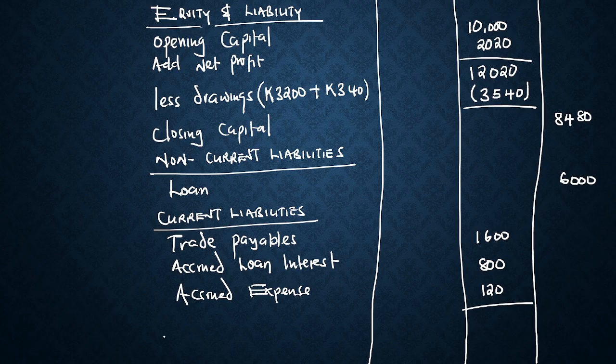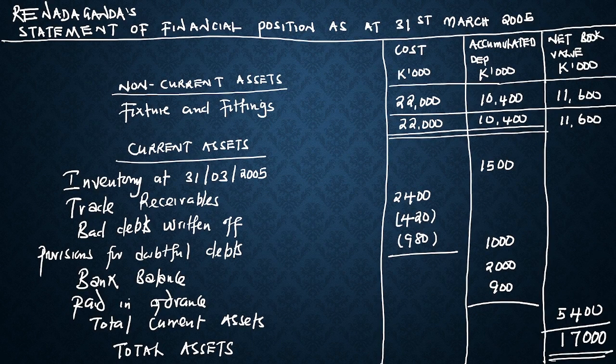So when you add these, what are we getting? We are getting 2,520. So if you add this, it's supposed to give us this value that we have here.